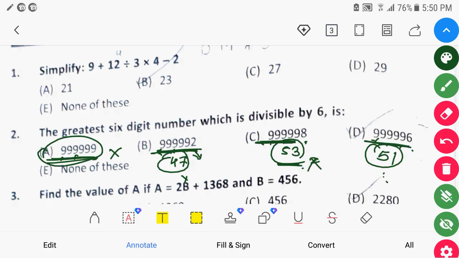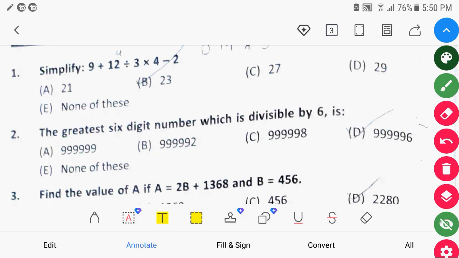Now 51 is divisible by 3 because 17 threes are 51, and 6 is at the unit place, so it is divisible by 2. So this number is divisible by 3 and 2, so it is divisible by 6. So option number 4 is the correct option here.